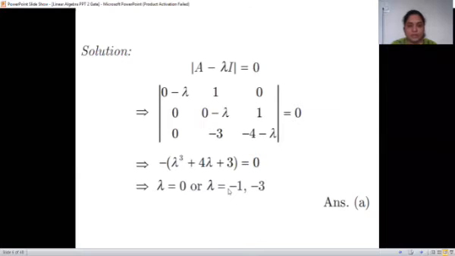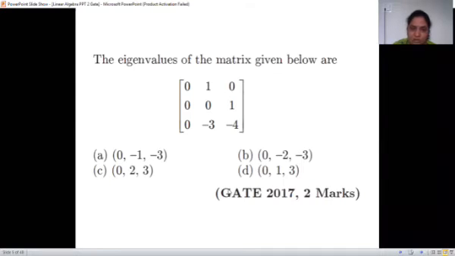Most of the people will tell me that, madam, here it is a lambda cube equation. We do not have a standard formula directly. Either on calculator we can solve, or we have to use synthetic division method. That is very good. Synthetic division is there, but there is one way out. What is that? We should go towards the answers, right?